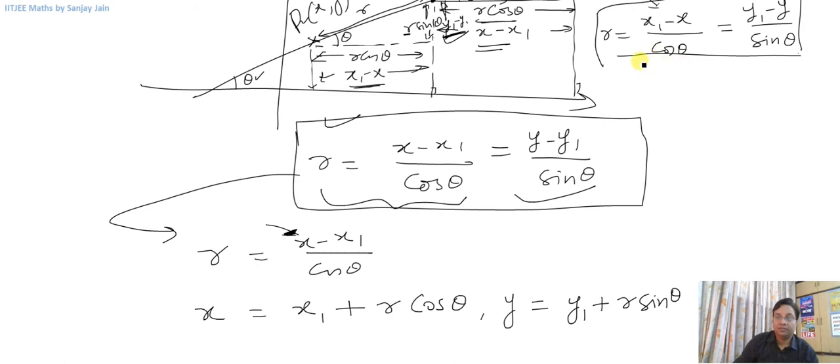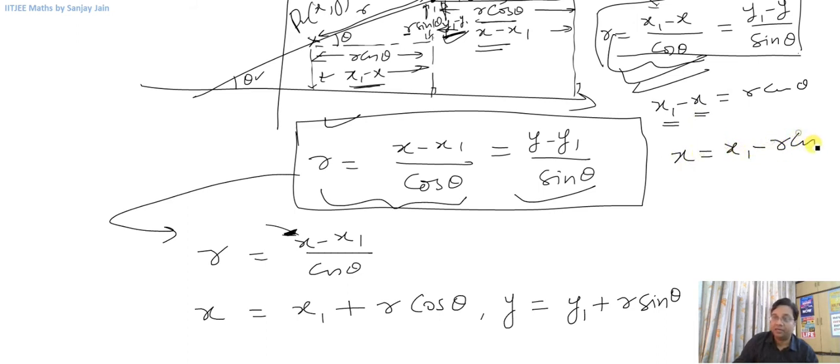Now look at this. From here, what can you say about x? Let me solve these first. X1 minus x will be equal to r cos theta. So x will be equal to x1 minus r cos theta. In the first scenario it was x1 plus r cos theta, and in this second scenario it was x1 minus r cos theta.